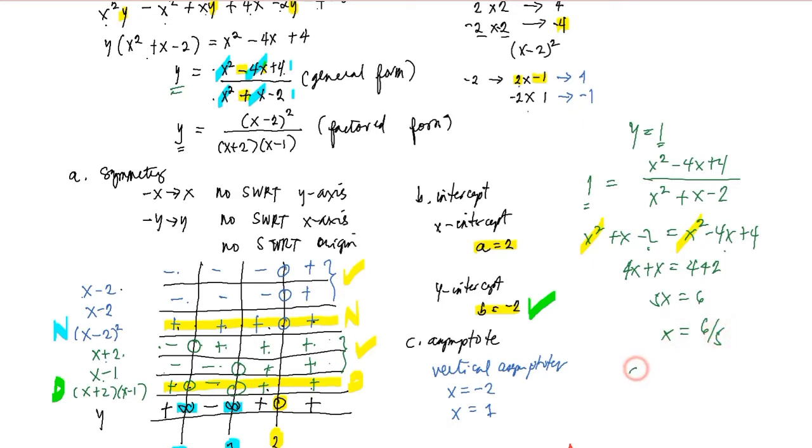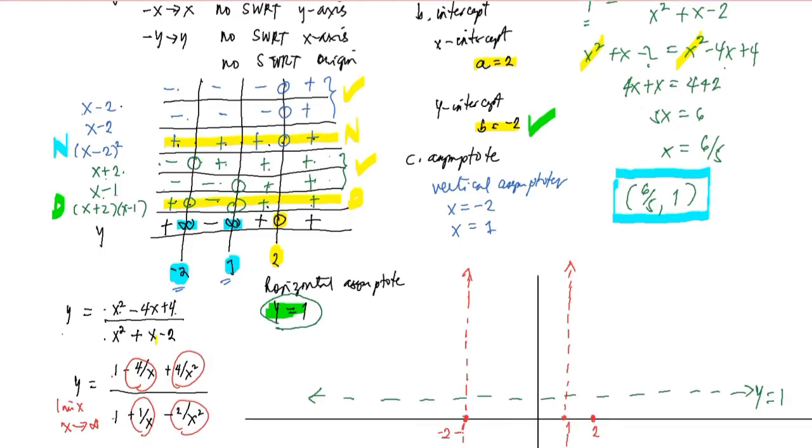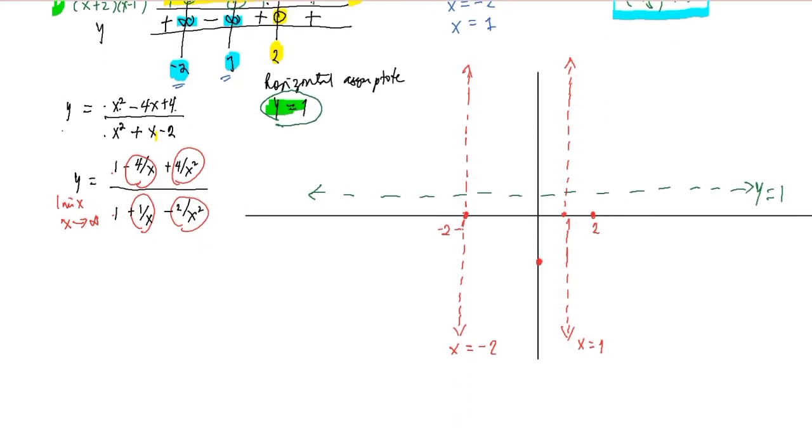So, we can say that at the coordinate of (6 over 5, 1), dito magkocross yung ating horizontal asymptote. So, to be exact, our 6 divided by 5, that is approximately 1.2. So, at x is equal to 1.2, no?